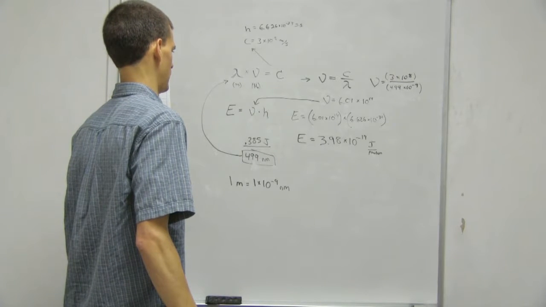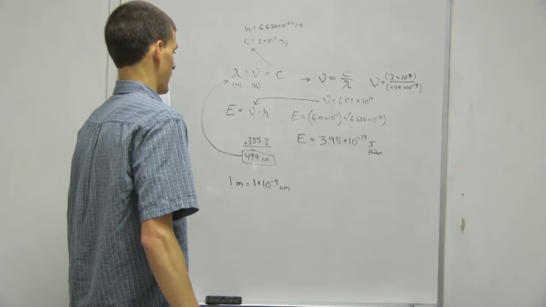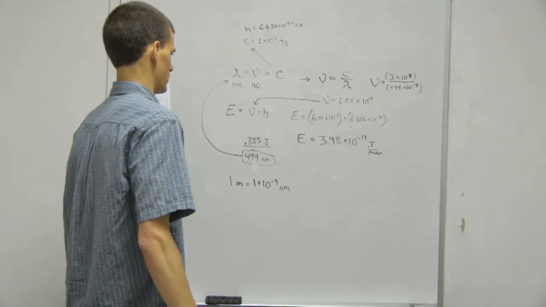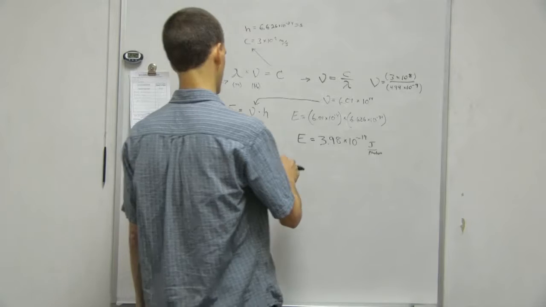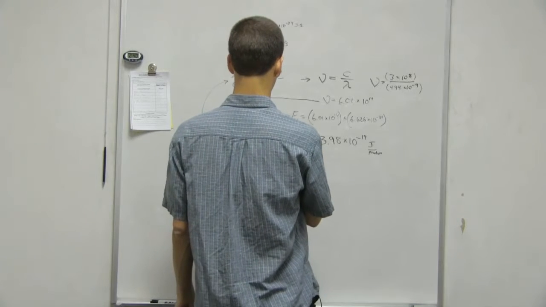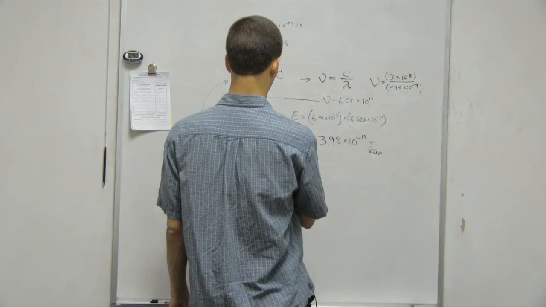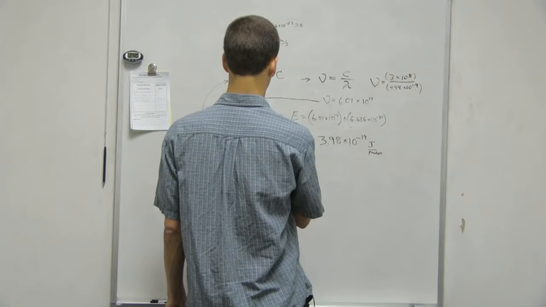is divide by joules. So the joules cancel. I can't remember if we divide, let's see, because that over that, this is joules over 1.